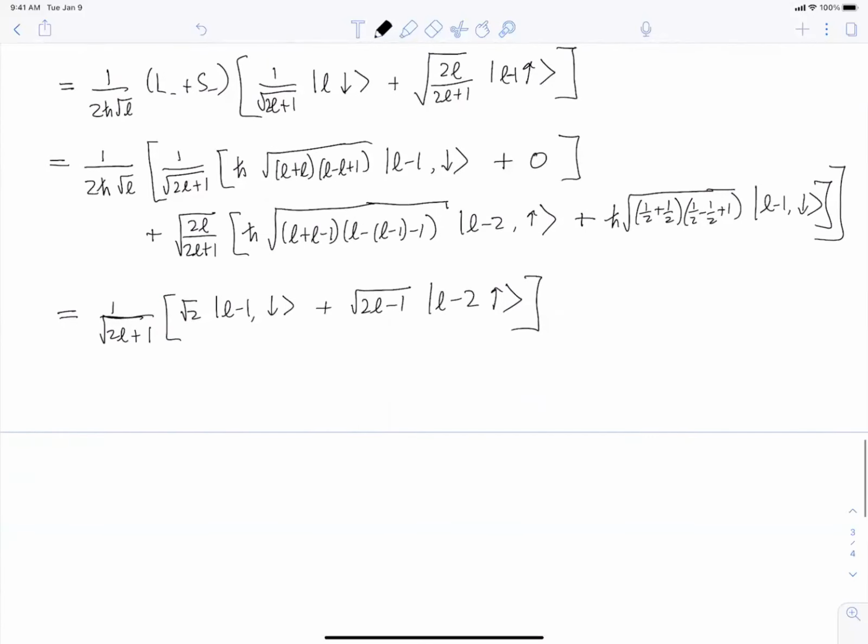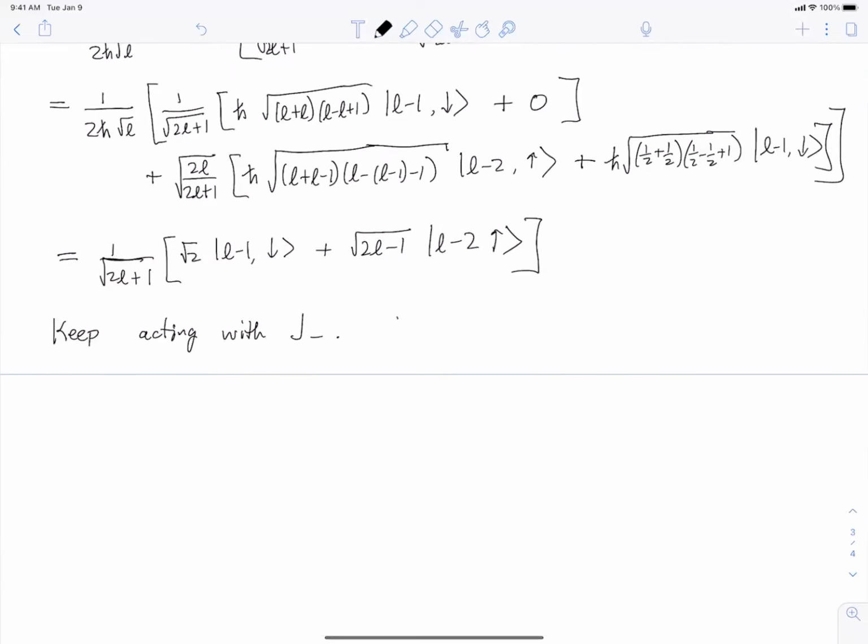And so we keep doing that in exactly the same way. And if you do it enough times, you realize there's a pattern.